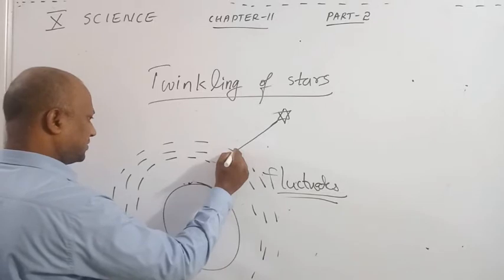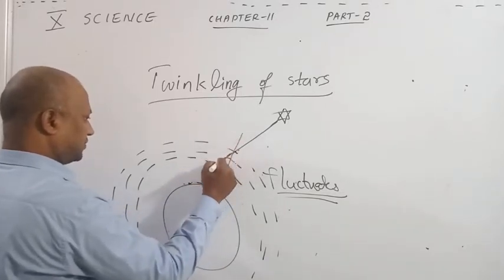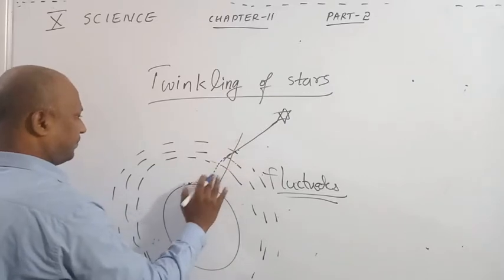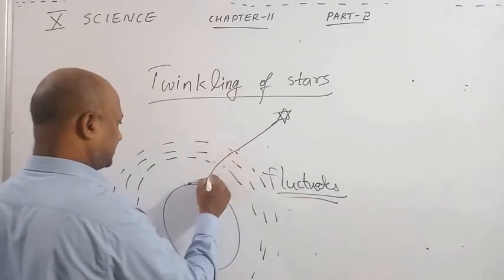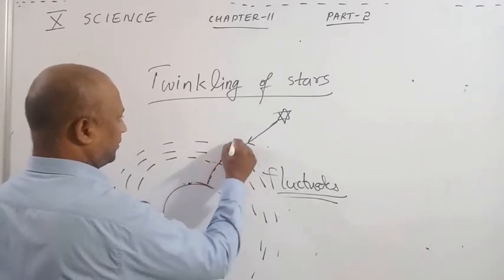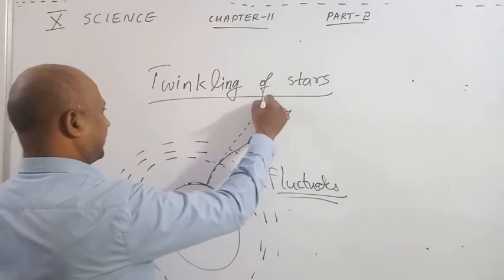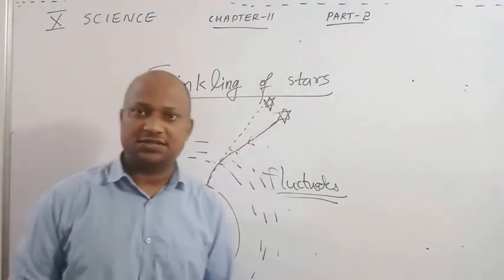So it bends towards the normal. So अगर आप इसमें radius बनाएंगे तो it will bend towards the normal. So almost like this. So it bends. Straight line में नहीं जाता. So somewhere the star you can see somewhere here. The apparent position of the star is this.